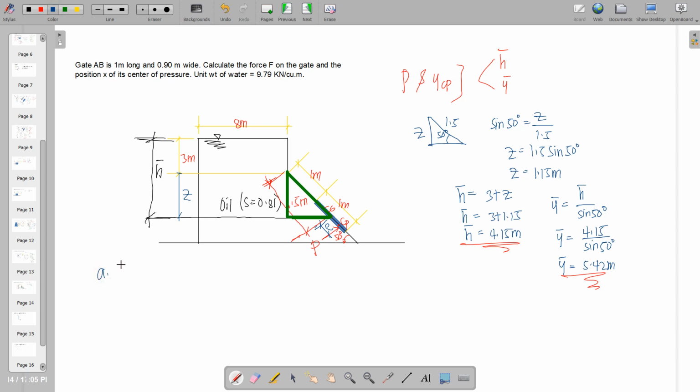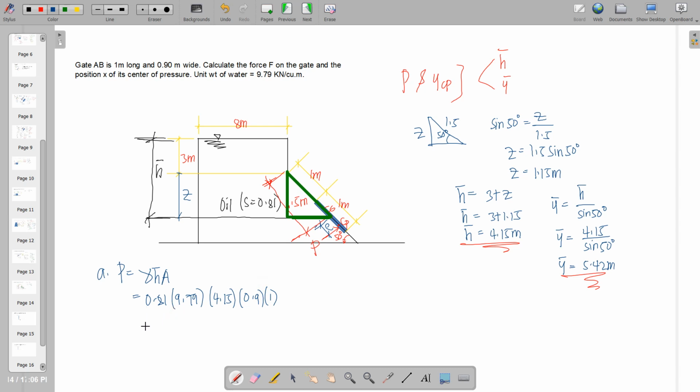Say letter E. P is equal to gamma h bar A. Gamma is 9.79 times 0.81, h bar is 4.15, and the gate area is 0.9 wide by 1 meter length.